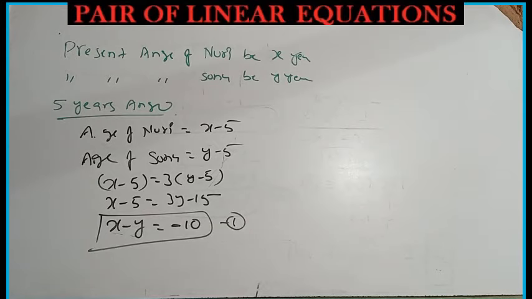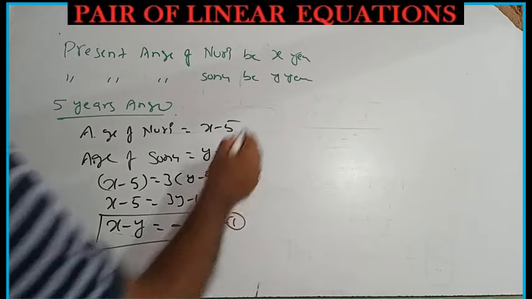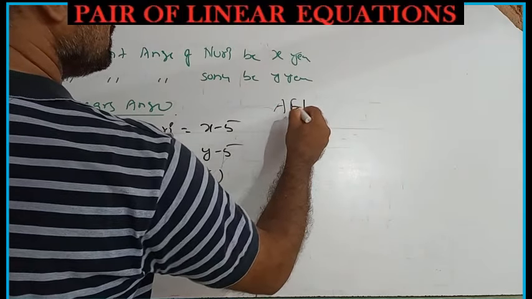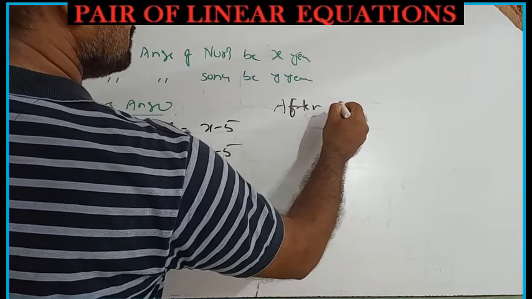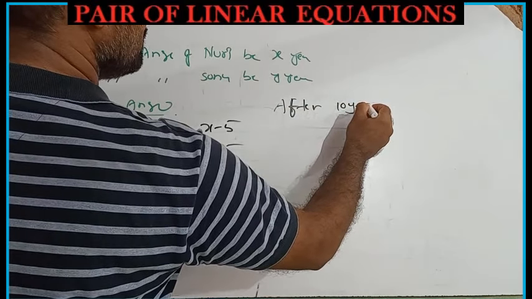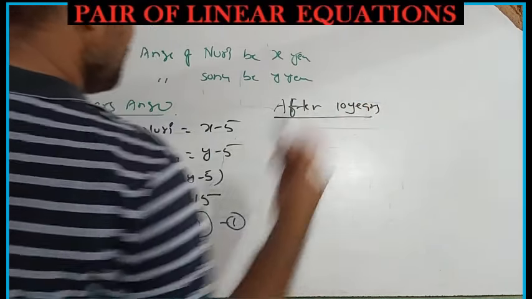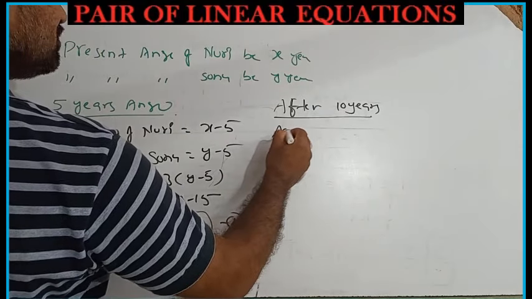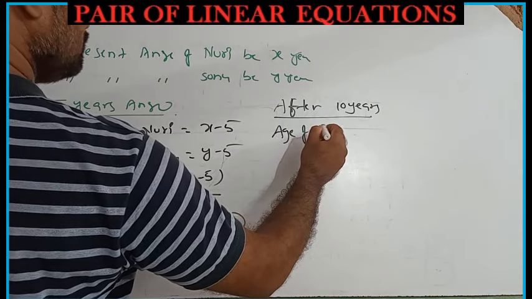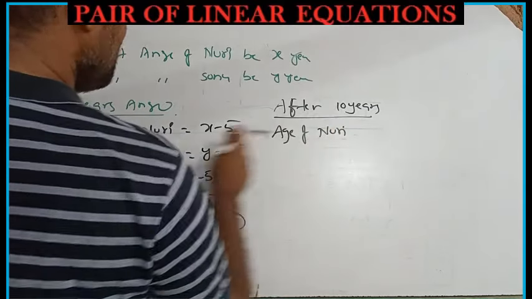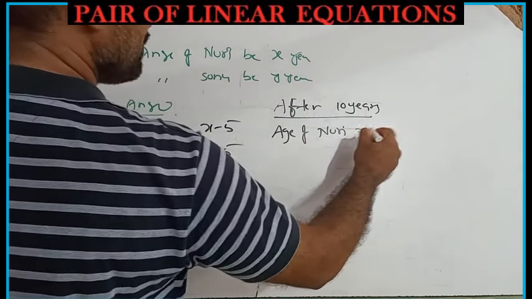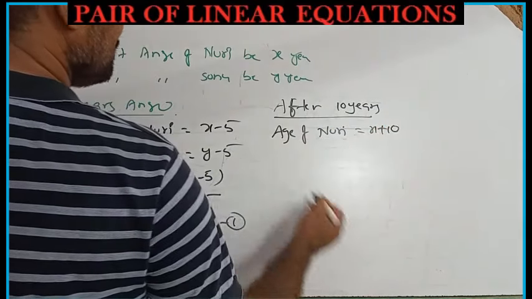What is next? After 10 years, Nuri will be twice as old as Sonu. After 10 years, age of Nuri, present is x now, after 10 years it becomes x plus 10.